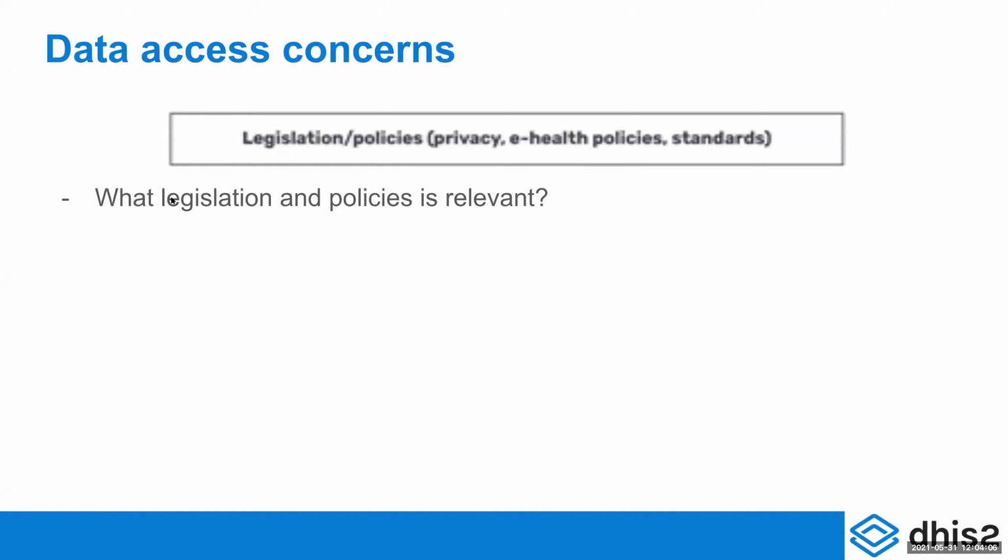Sometimes they might be a little bit hard to find, but this is a job you have to take. You have to find the legislation for storing personal information, personally identifiable information, and for how it can be treated, how long it can be stored, and so forth.